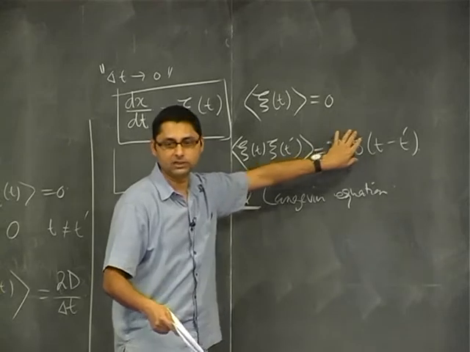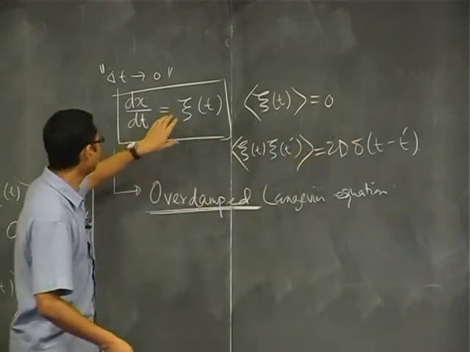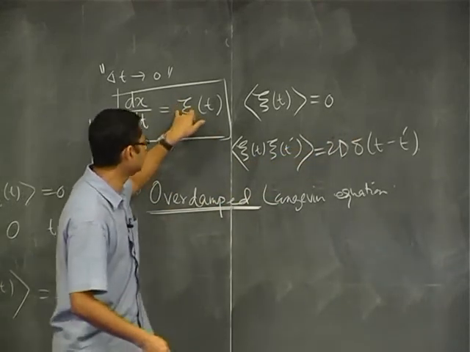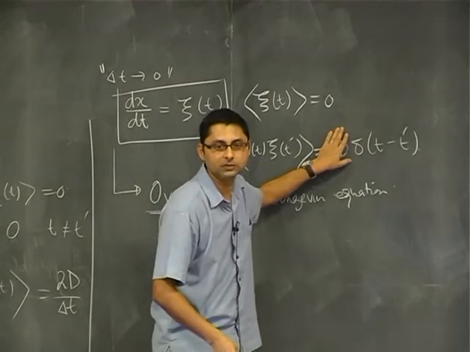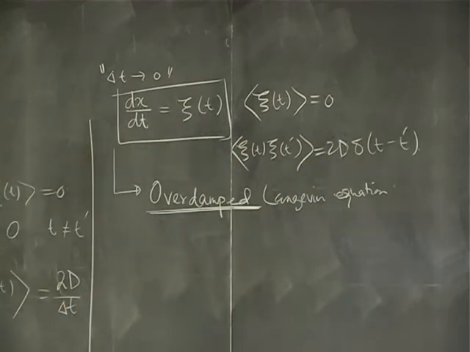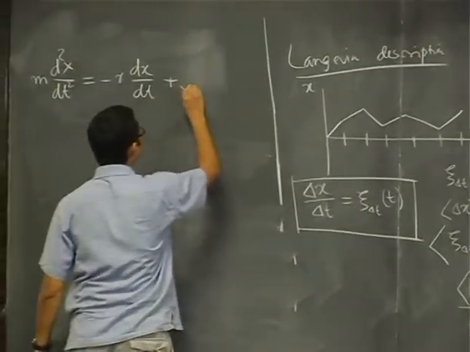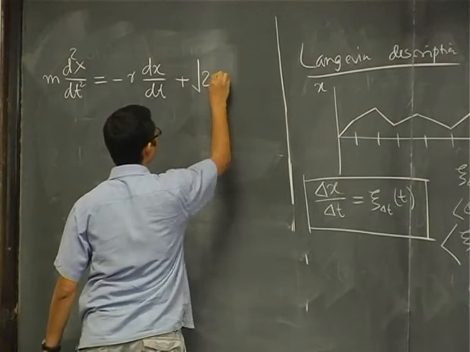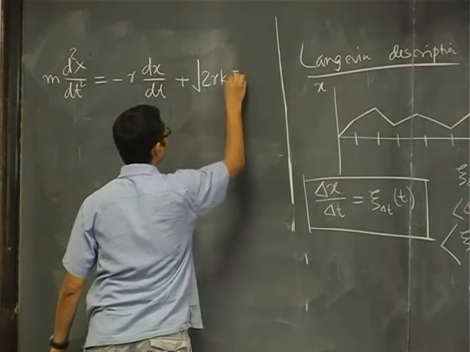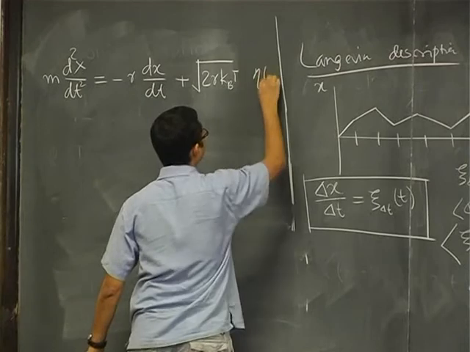So I can just put the square root of 2d here and remove the 2d from there. But I will not put square root of 2d, I will put something else. I am going to put square root of 2 gamma kbt times eta of t.